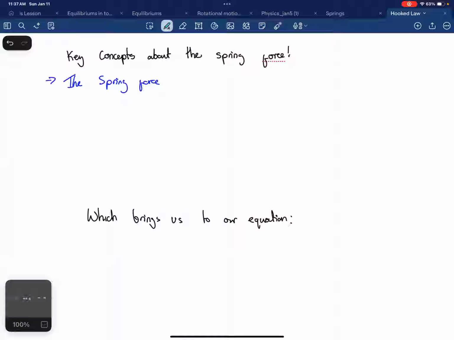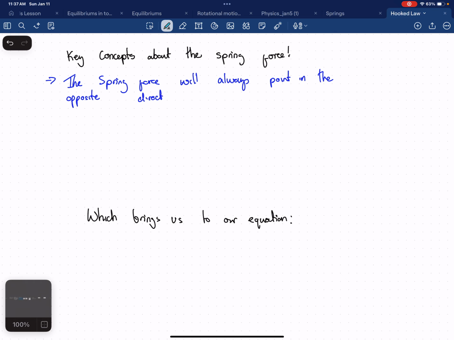The spring force will always point in the opposite direction of the displacement.